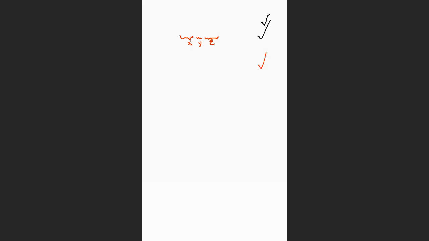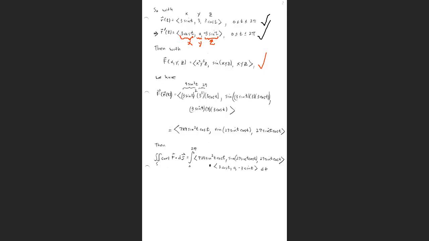We find the derivative of r with respect to t, and now we know what x, y, and z are, and I'm going to plug them in for the components x, y, and z. Hold on, nope, wait, that's not right. Hold on.